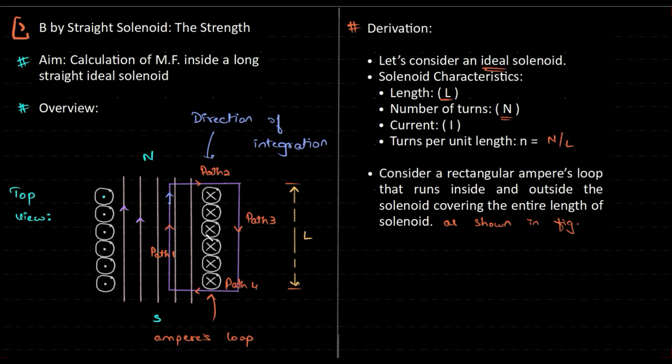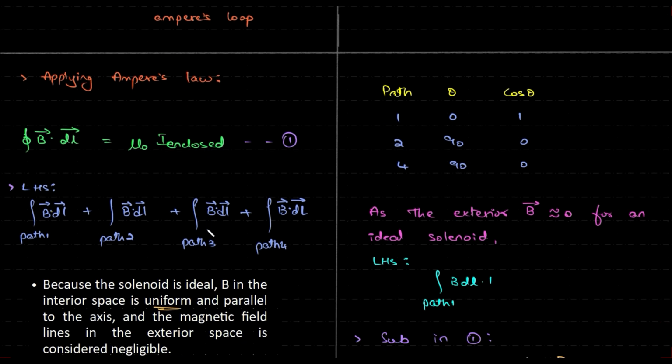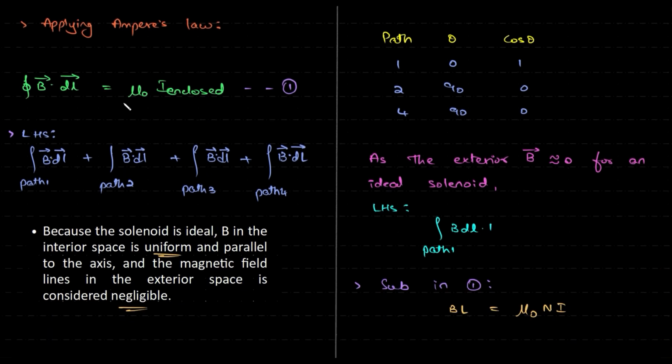So we have to consider a solenoid with length L, number of turns N, current I, and so forth. Next, when we apply Ampere's law, we take up the LHS. RHS is quite simple. We just have to take up the LHS, understand that it is the integration over the entire path. So start with path 1 and end with path 4. All of these are dot products, so we have to figure out the angle.